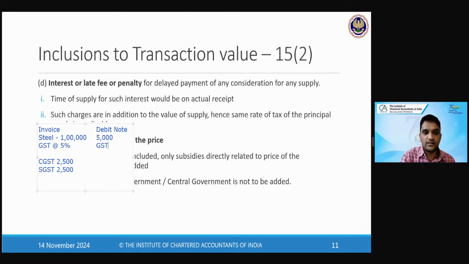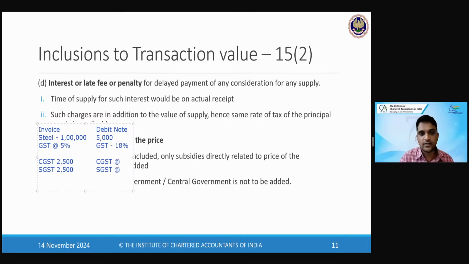Now GST for general services, which is not specifically covered, is at 18%. So when I raise this debit note, what should be the CGST percentage and what should be the SGST percentage?